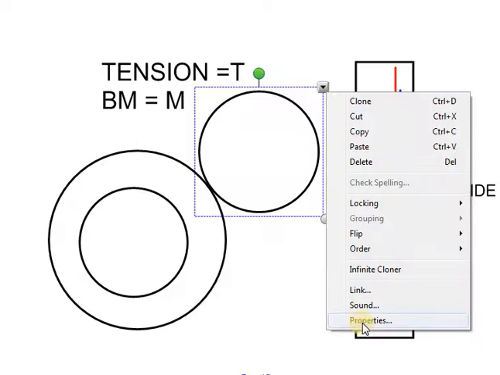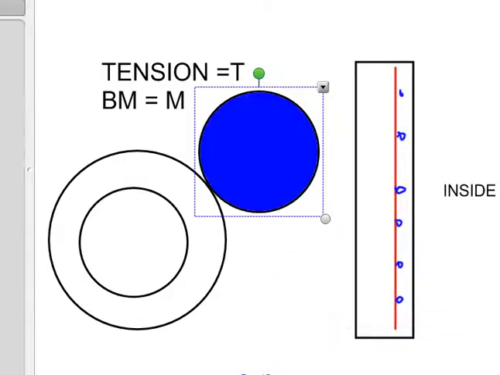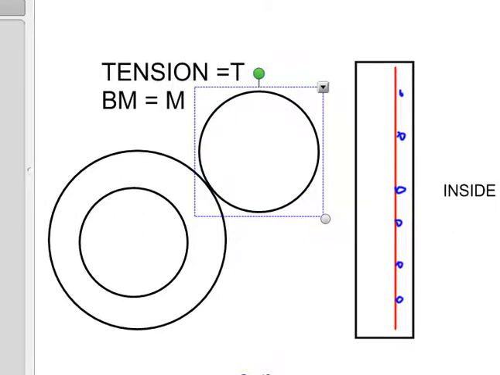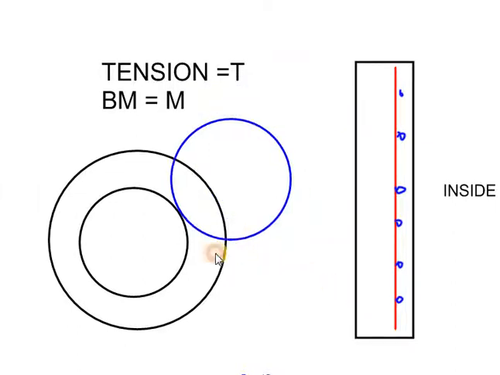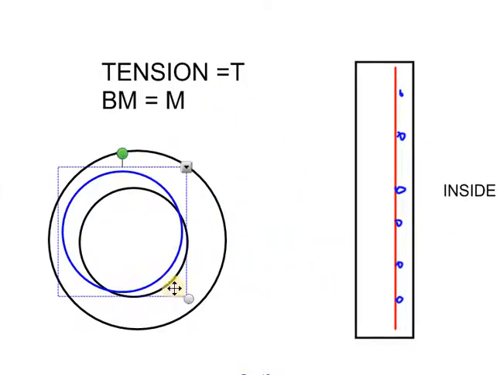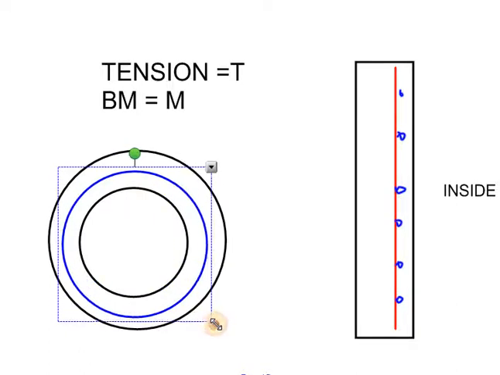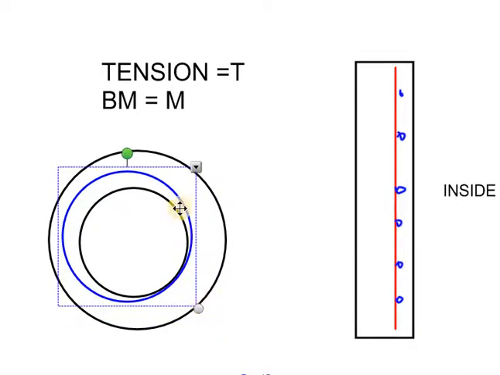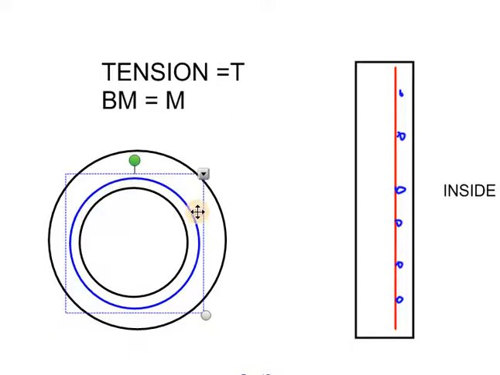I will just show it in a different color, not to have confusion. Okay, so this is your hoop reinforcement. This is near to the wall, like inside reinforcement. Okay, understood? This line is hoop reinforcement.